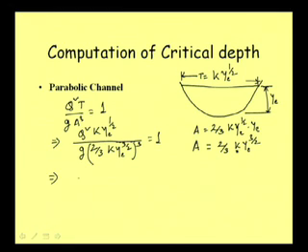Let me write one more step here: q square k into yc to the power half, g, then this 2 cube means 8 divided by 27, and then we can write k cube, and then this will be yc to the power half.